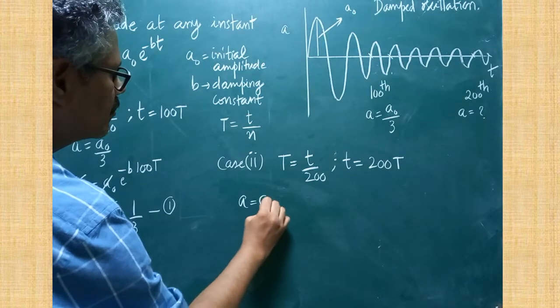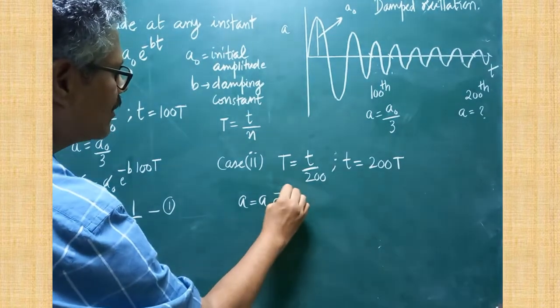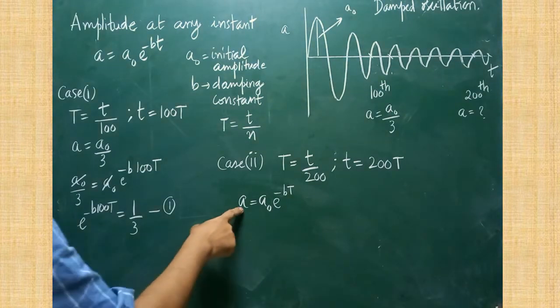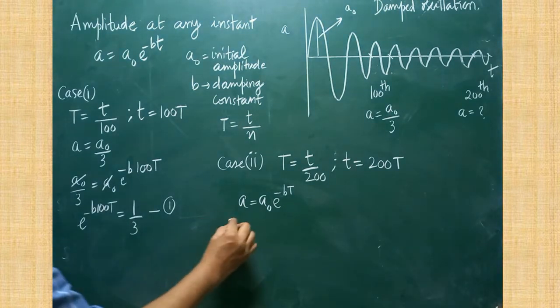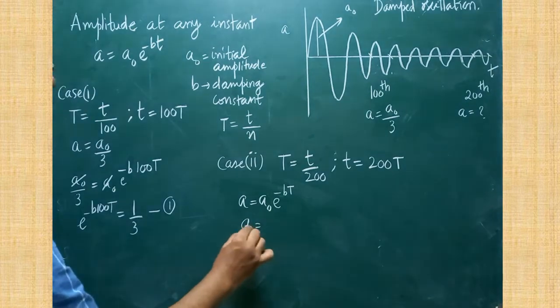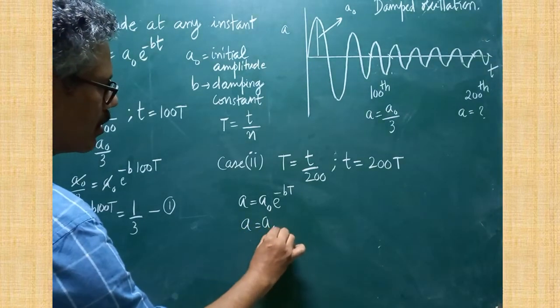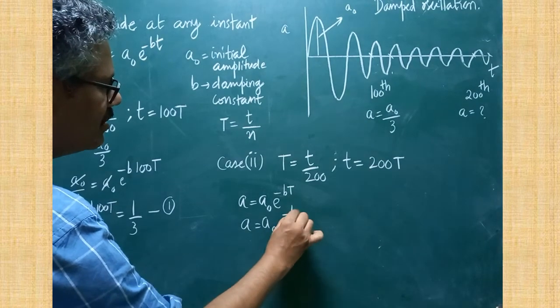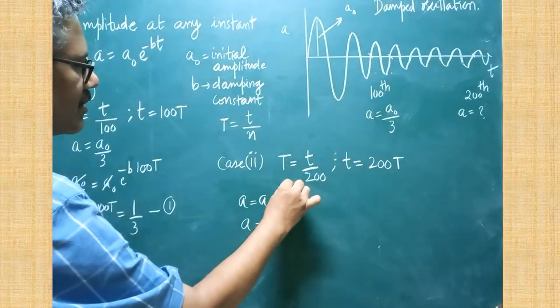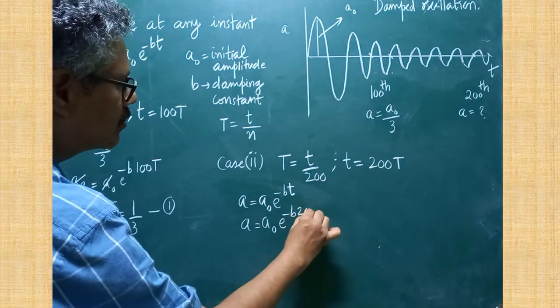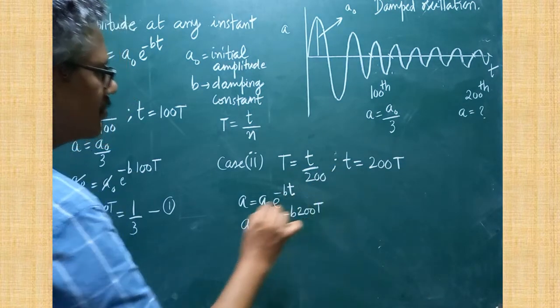A is equal to A0 e power of minus bt. Here our aim is to calculate A. So A is equal to A0 e power of minus b, and instead of small t, 200 into T can be written.